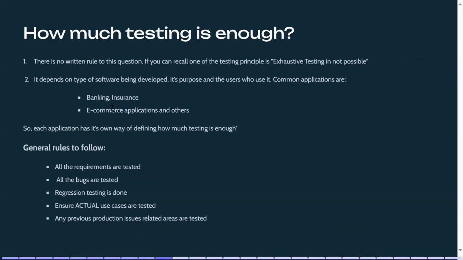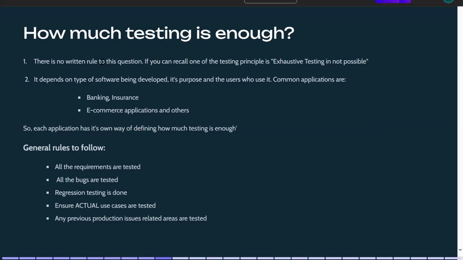So how much testing is enough? Is there any rule that this much testing is necessary? Anyone? Yeah, there is no such rule, but depending upon the product or project, we need to decide.